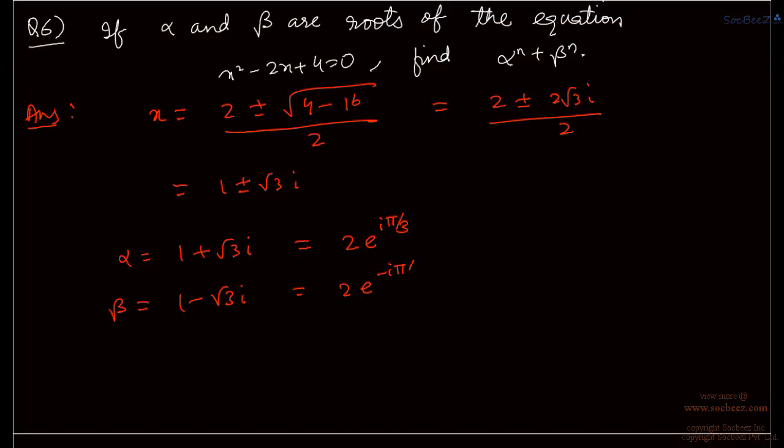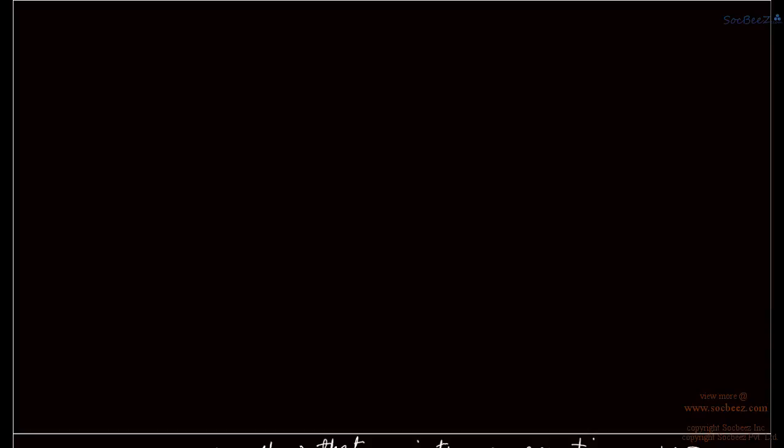So first we solve for x and we get 2 plus or minus 2 root 3 I by 2, which is 1 plus or minus root 3 I. Writing that in the Euler form, we get 2 into e power I pi by 3. We just take 2 common and then we get 1 by 2 plus root 3 by 2 I, which can be written as e power I pi by 3. Now what we require is alpha power n plus beta power n.